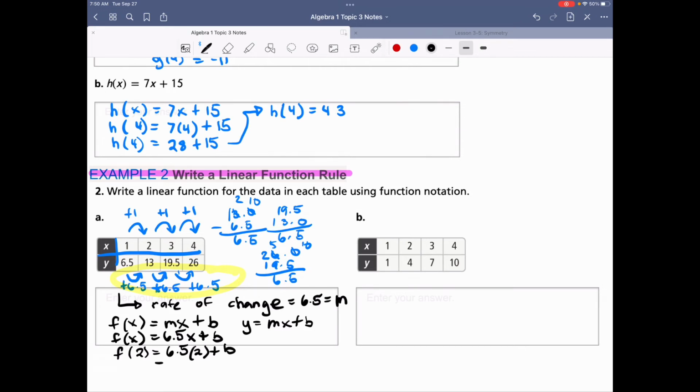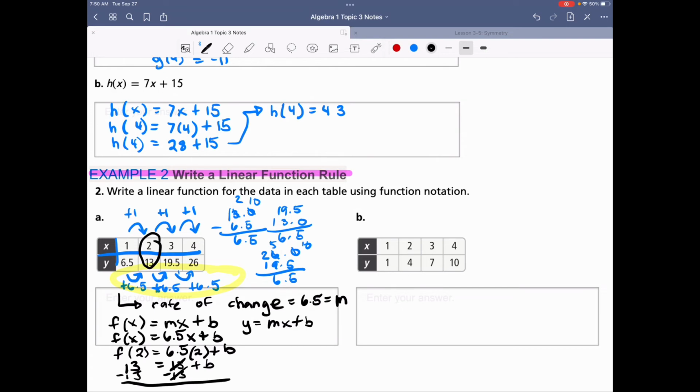Now 6.5 times 2 is 13 plus b, and if we have f of 2, we can look in our xy table, or input and output table, and see that f of 2 is 13. When we solve for b, we subtract 13 from this side and subtract 13 on the other side.